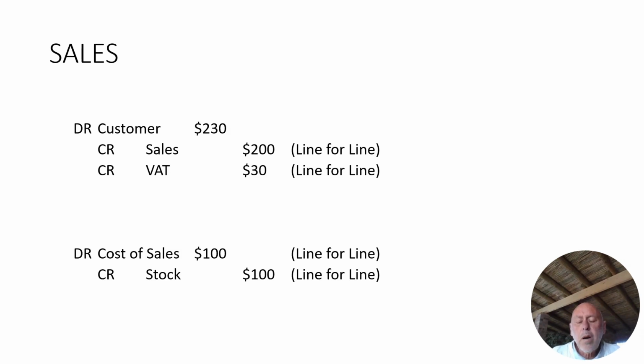When we sell stock, now I've got this debit customer, it could be bank as well if it was a cash sale. I've doubled the stock price, so I'm using 100% markup. So customer or bank, $230. And then we're crediting sales, line for line again. Now your point of sale system is going to do it.